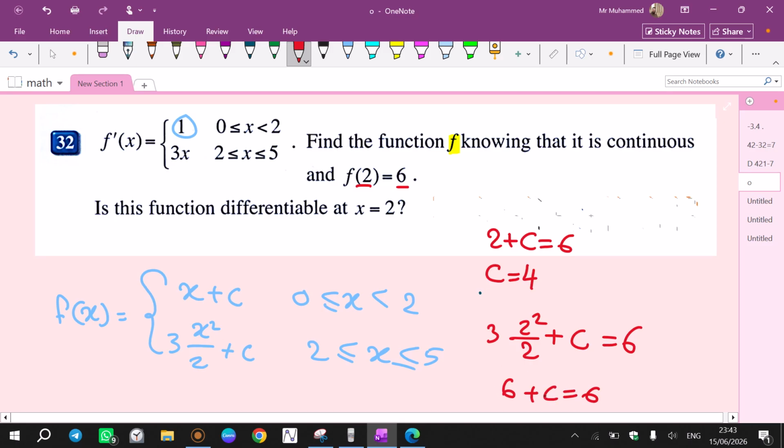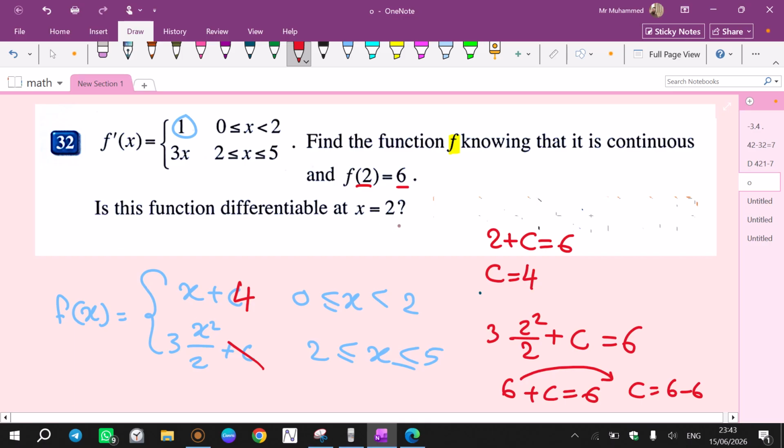The c seems to be useless because 6 is already 6, doesn't need anything to be added. Or you can send 6 to the other side, c equal to 6 minus 6, c equal to 0. So this c is just 0, goes away. And this c is 4. Now f(x) is x plus 4 and 3x squared over 2. We found f(x).